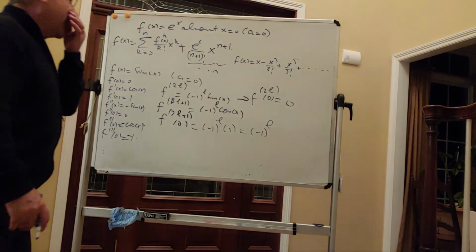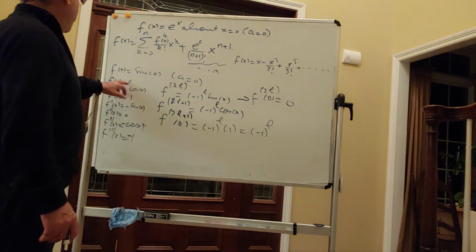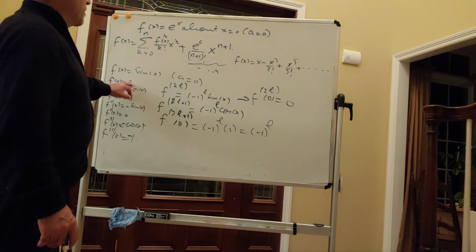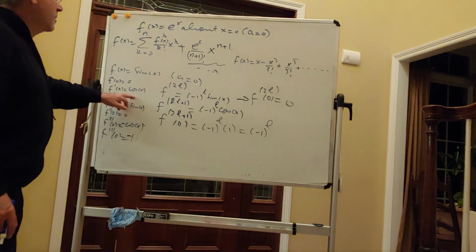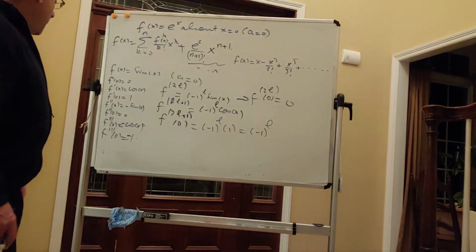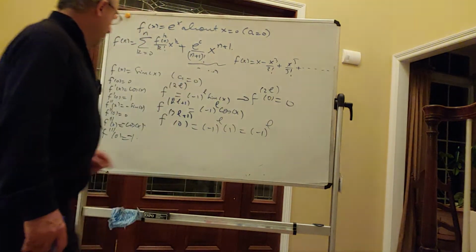What happened is f of 0 is 0, okay? So there's no contribution from this one. And then f prime is 1, so you'll get this x. f second is 0, f third is minus, you will get that.